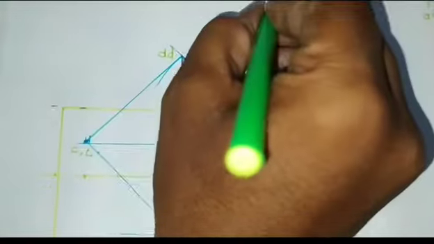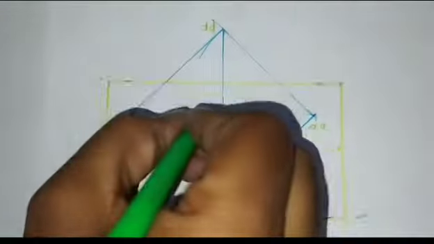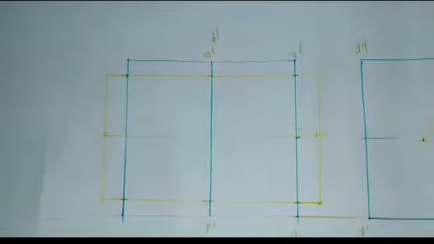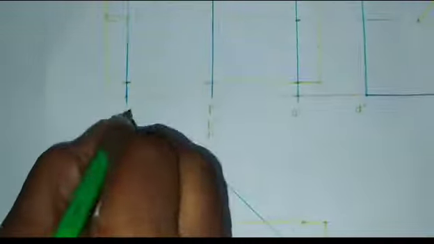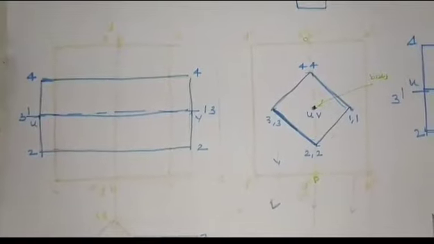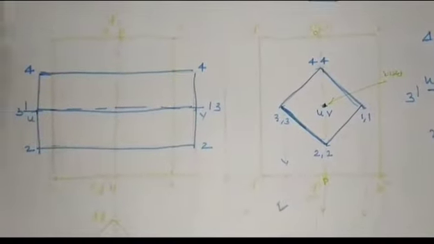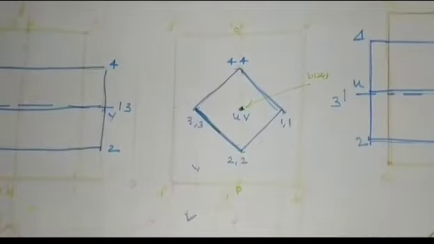This is the point A dash, and this is the point B dash on the front side, the middle is OP, and on the back side D dash and C dash. These are the names for the vertical solid. Now I will name the points for the horizontal solid. This is the point.